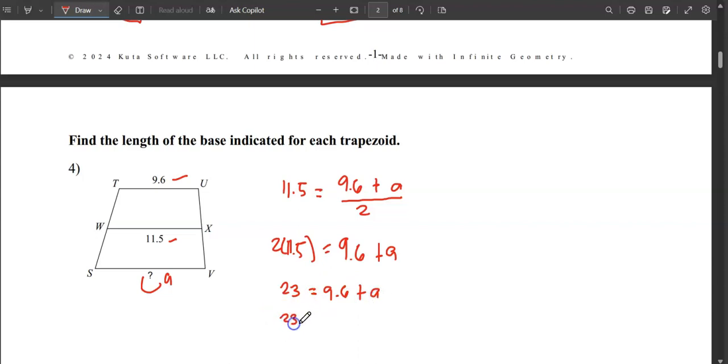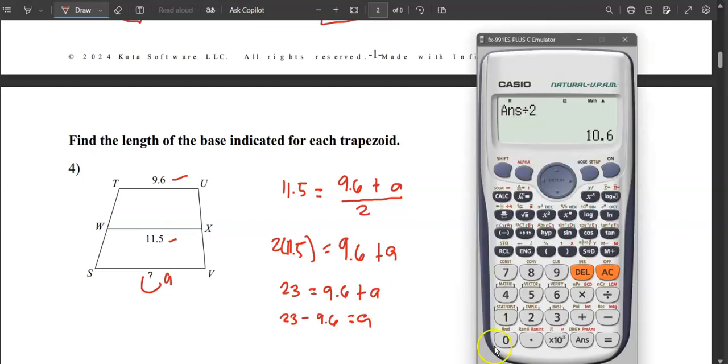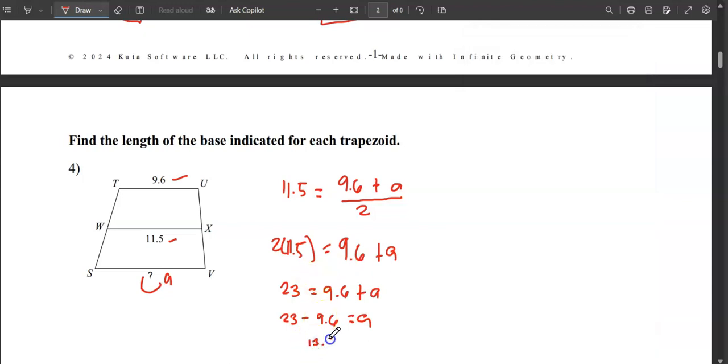So 23 minus 9.6 equals a. This gives me 13.4. So 13.4 equals a. So meaning to say, this is actually 13.4. Right? Number 5.